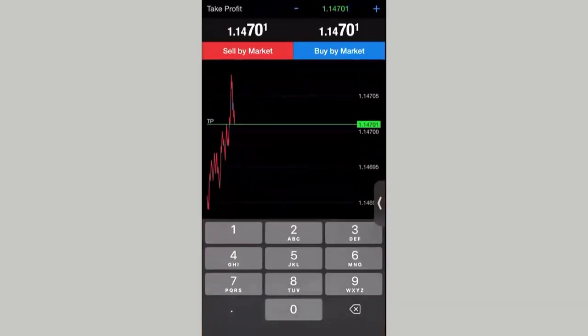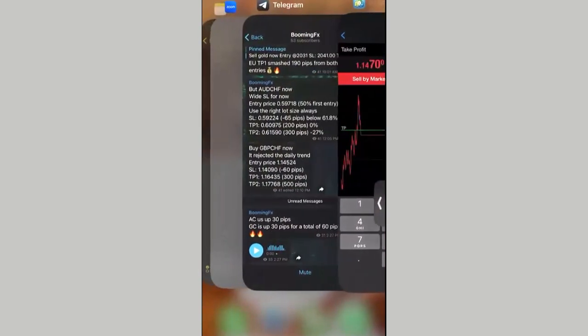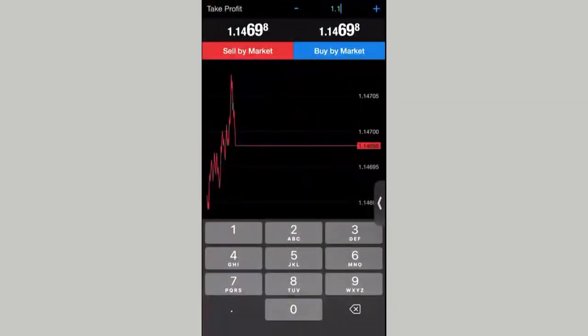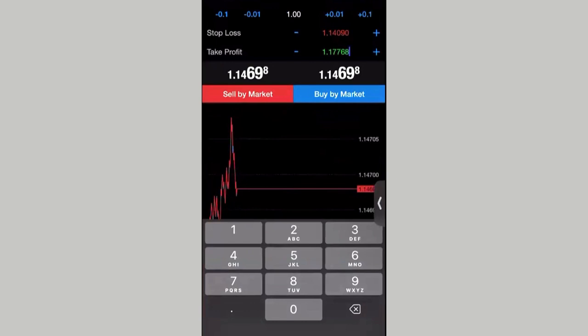And then for your take profit, let's go for the highest, which is TP2, which is 500 pips, 1.17768. 1.17768 as that.